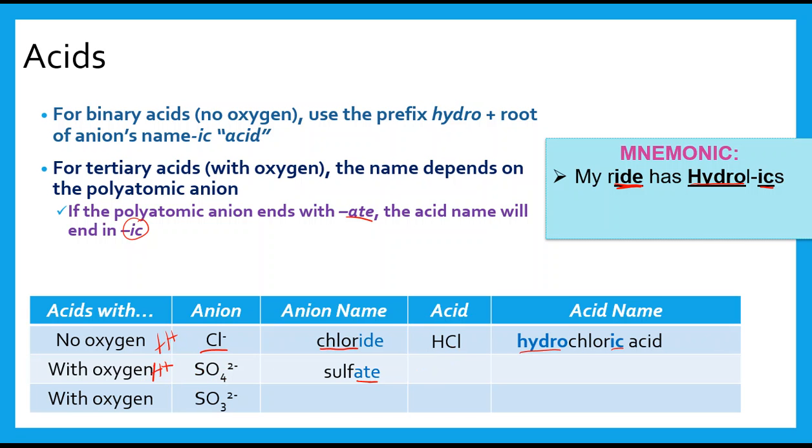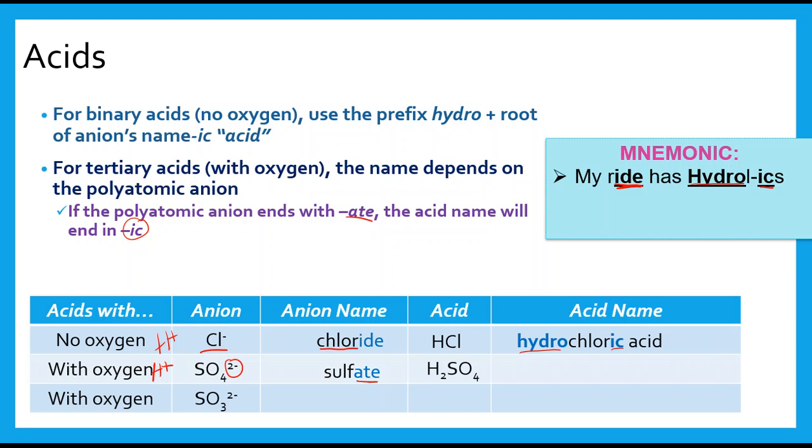In order to make the one with the sulfate an acid, how many hydrogens do you need? 2. Good. The charge on here is 2, so that means you need 2 hydrogens. So this one's going to be H2SO4.